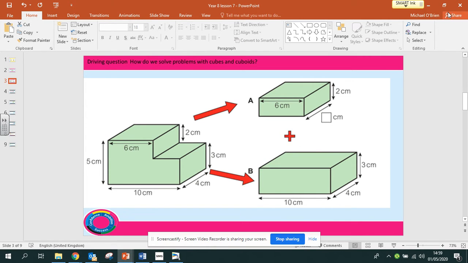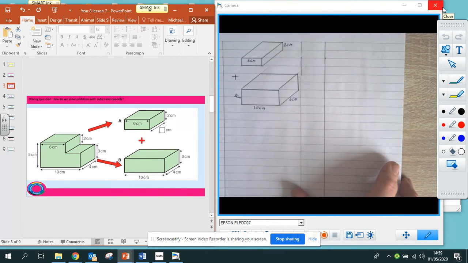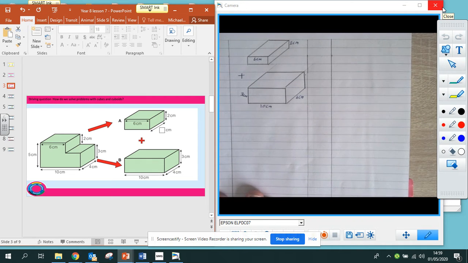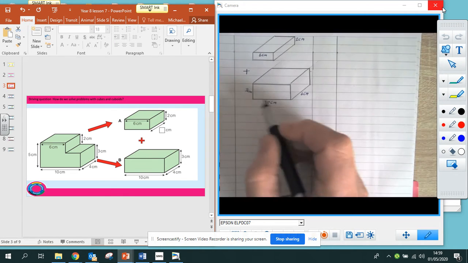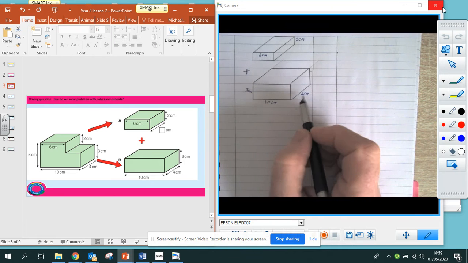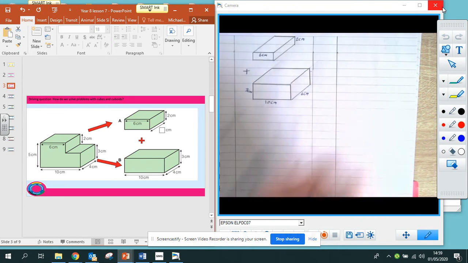So let's have a look and see how we actually do that. Right, I've drawn one of these earlier just to show you. And the first thing we need to think about with this particular shape is that, as you know, with cuboids, we need 3 numbers. But on this shape, we haven't been given 3 numbers. We've got 3 numbers here. That's fine. But we've only got 2 numbers here.